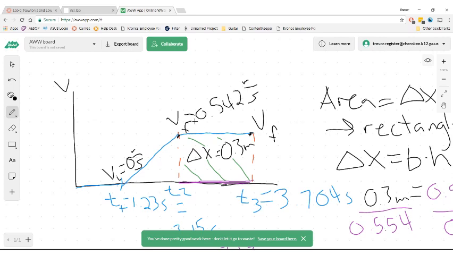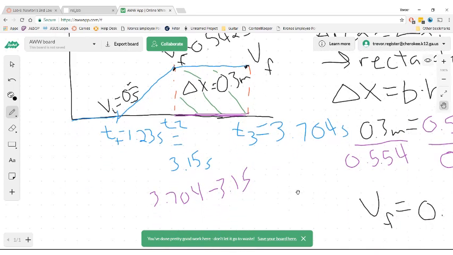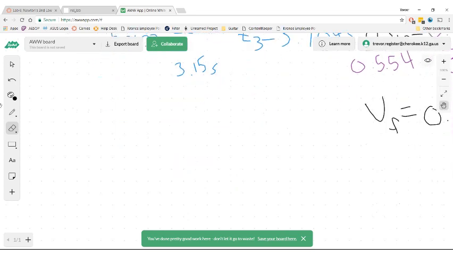And so the acceleration is going to tell me the number, the meters per second, of the velocity going from 0 to 0.542. So I'm going to go down here and make some room, and we're going to do an acceleration graph. Okay, so go here.